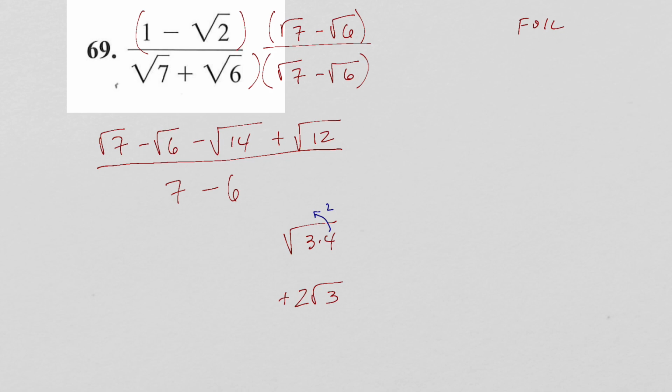But everything else didn't change, so I have a minus root 14 here, a minus root 6 here, and a root 7 here. None of these are like terms and nothing can be combined, so that's the final answer.